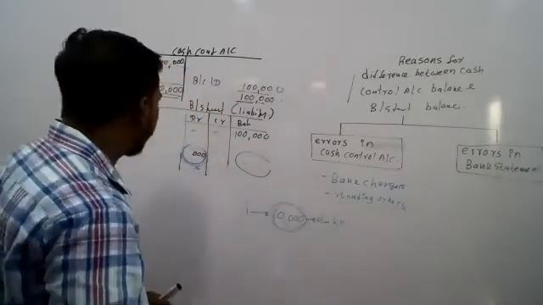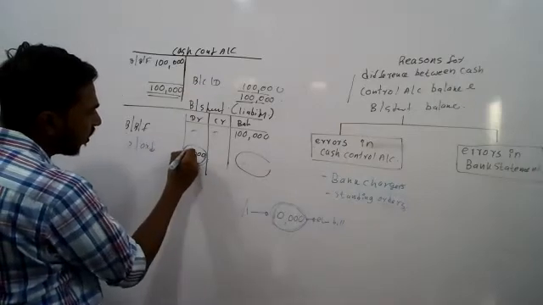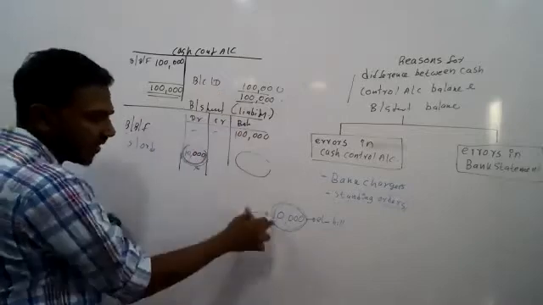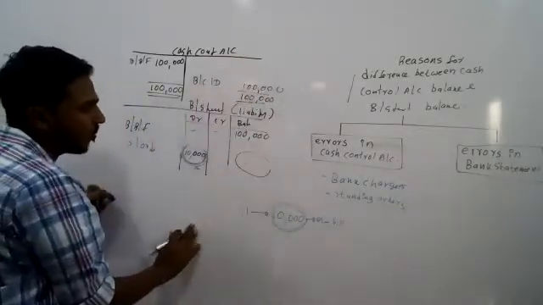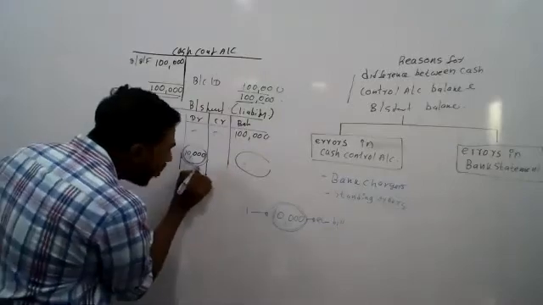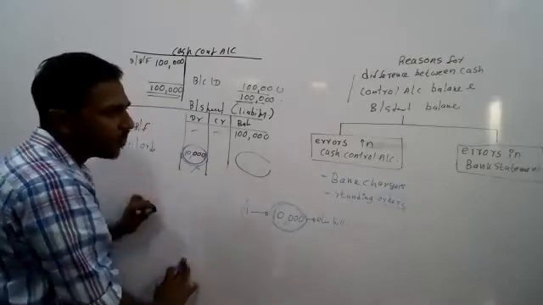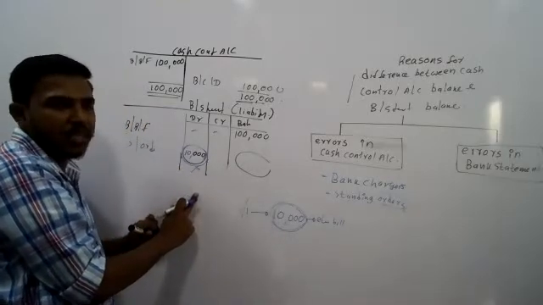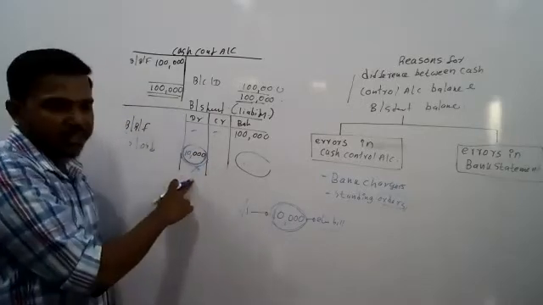But then they record the standing order of 10,000, but we don't record it. Even though we have given the order, the cash control account doesn't record that 10,000, because we are not sure about these bank fellows. They are such busy people, so we can't be sure they have made the deduction.